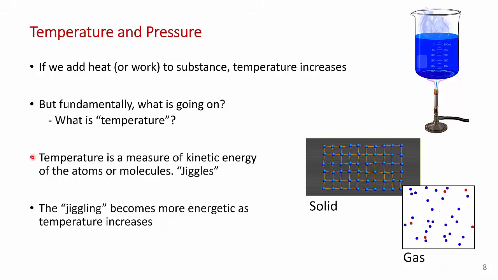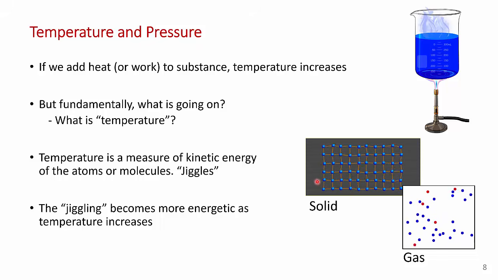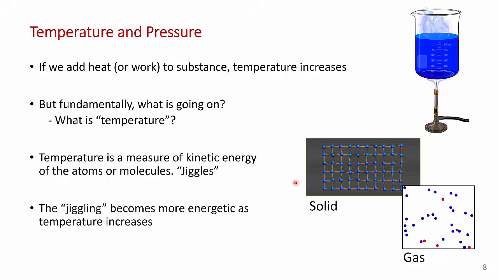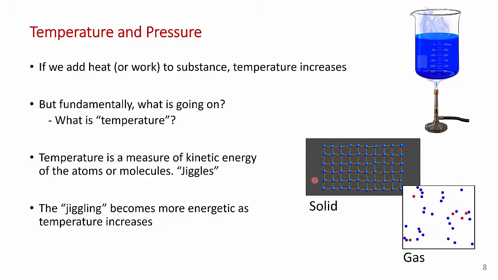I'm going to use a term here that I like. There's a famous American physicist called Richard Feynman. He refers to these motions as jiggling. In solids, atoms jiggle in place, as I've got a little GIF here that's doing that. The atoms are not free to move around. But if you heat it up, they'll jiggle in place more violently. Gases, on the other hand, are free to move around.